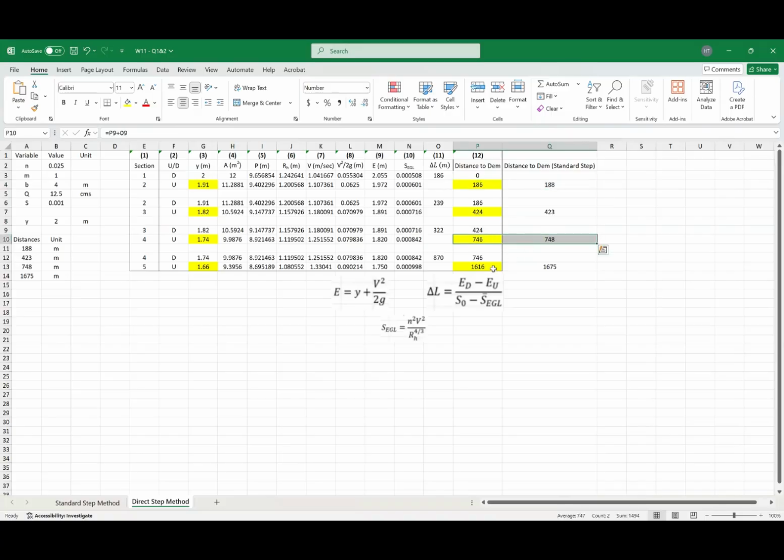We have 2 meter difference, and we have a little bit more difference, which is almost 59 meter difference. So this shows that we calculated distances and corresponding depths using two different methods.